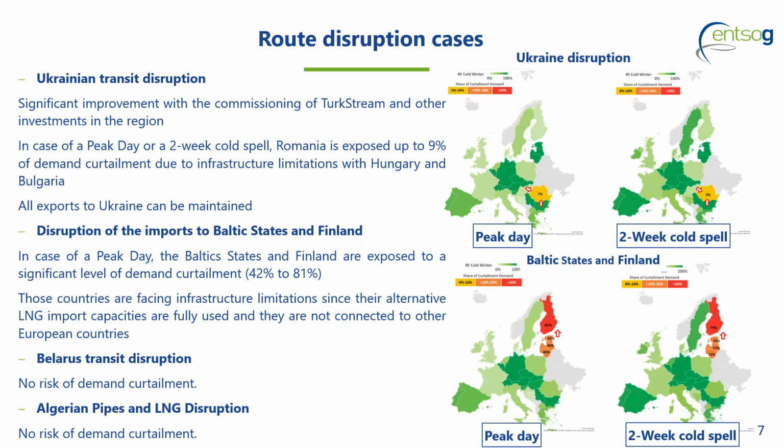So in these simulation results, we can see that in case of peak day or 2-week cold spell, only Romania is exposed to possible demand curtailment, and this is because of some infrastructure limitations. So it doesn't mean that there is not enough gas in the region. It's because all interconnectors in this case would be used.